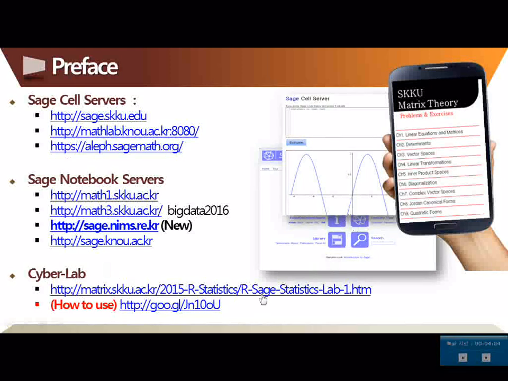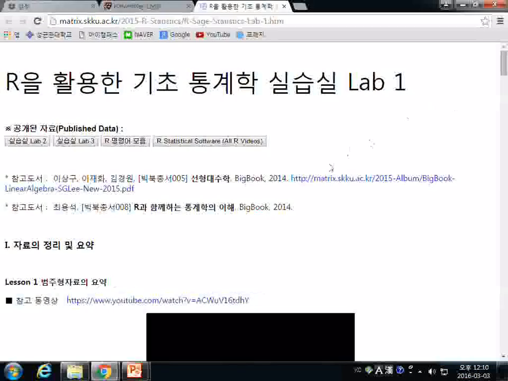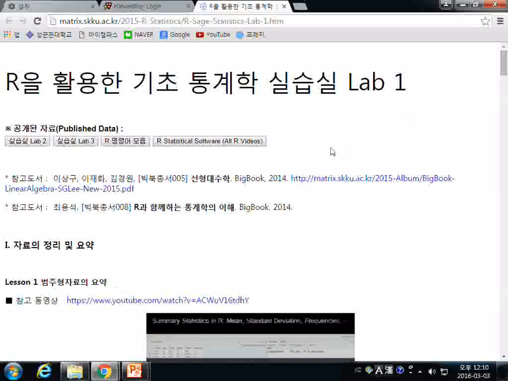We have also developed an introductory statistics laboratory using the language R, where you can practice, for example.